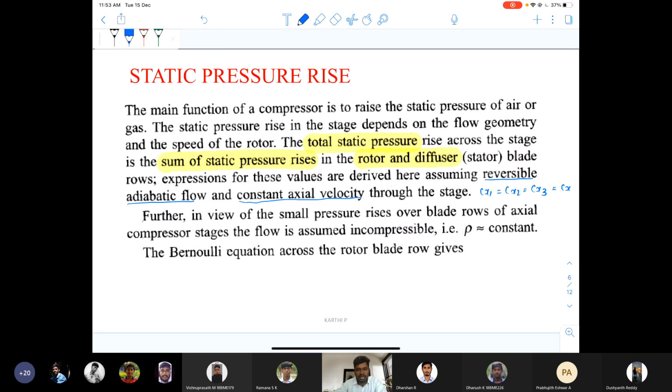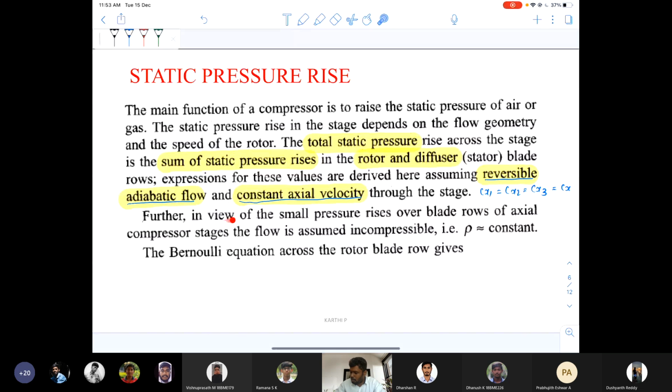So we have two assumptions: a reversible adiabatic flow and constant axial velocity.